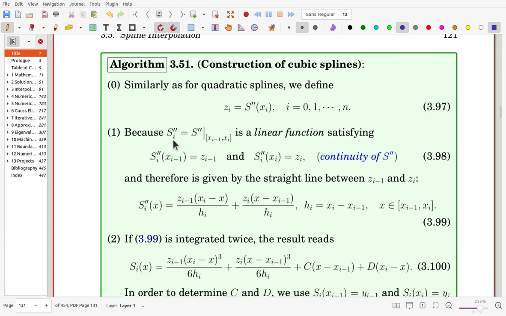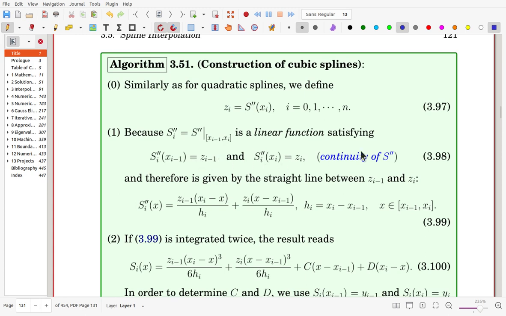Now, Si is the restriction of S on the ith subinterval. Si double prime is a linear function because Si itself is a cubic polynomial. After the second derivative, we have a linear function.